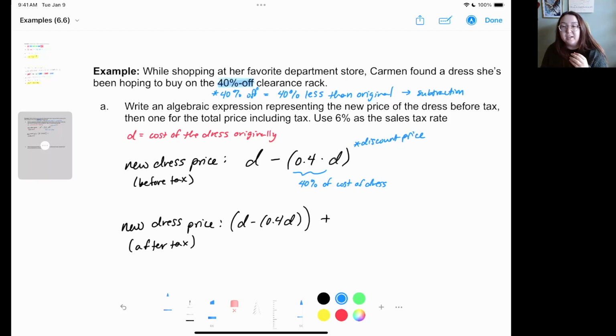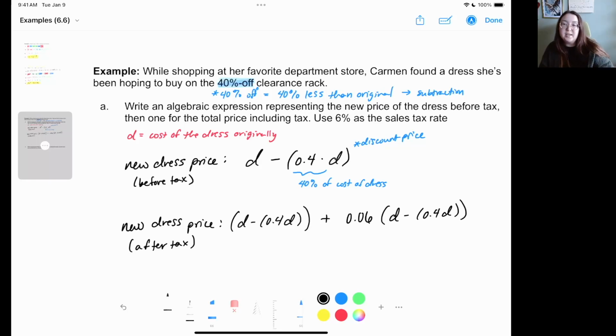Remember, of means multiplication. 6% in decimal is really 0.06. So really we're going to have 0.06 times the discount price, which is the entire equation of D minus 0.4D.